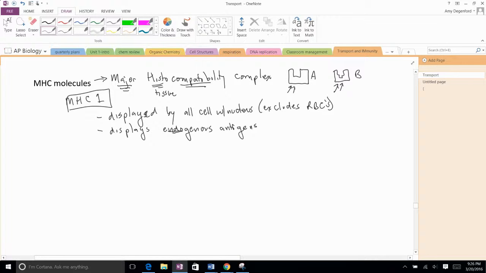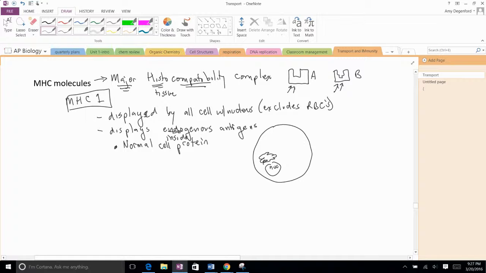And endogenous, just think of the fact that endo means from the inside. So you're going to see two things happening here. They could display normal cell proteins. And if this is the case, then what we're going to see would be the fact that the proteins, let's model this over to the right here, you'd have your nucleus and the rough ER that's surrounding the cell.